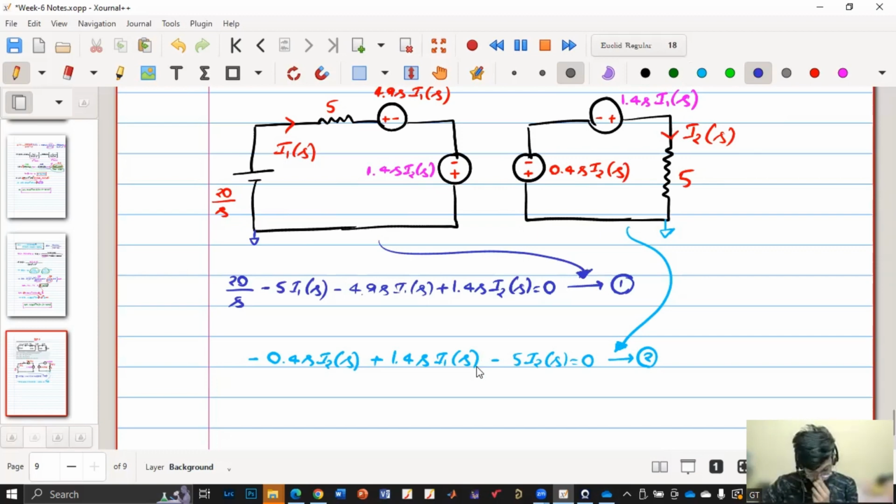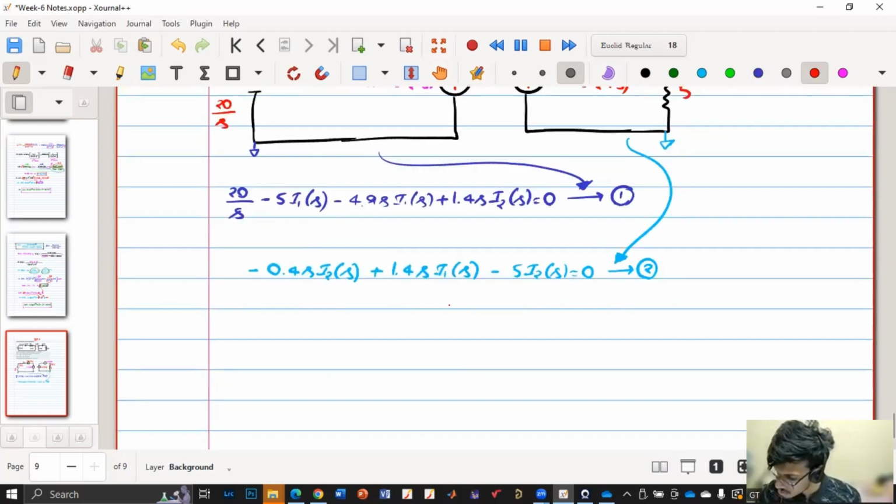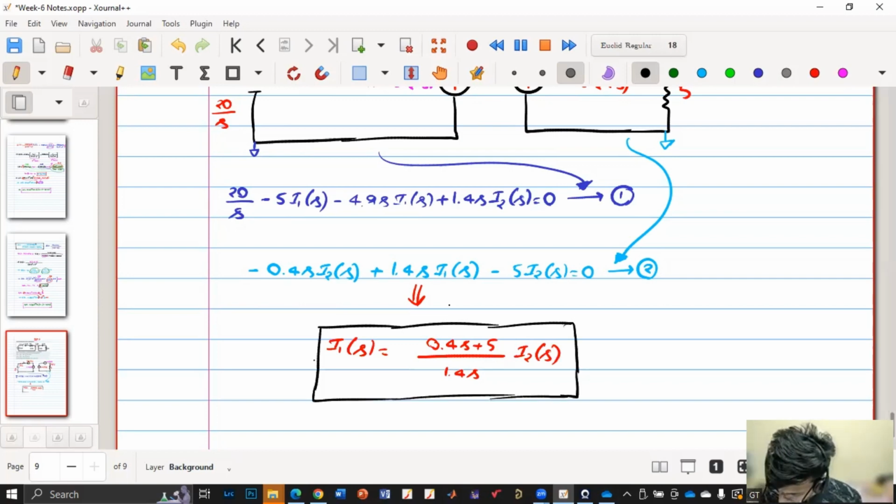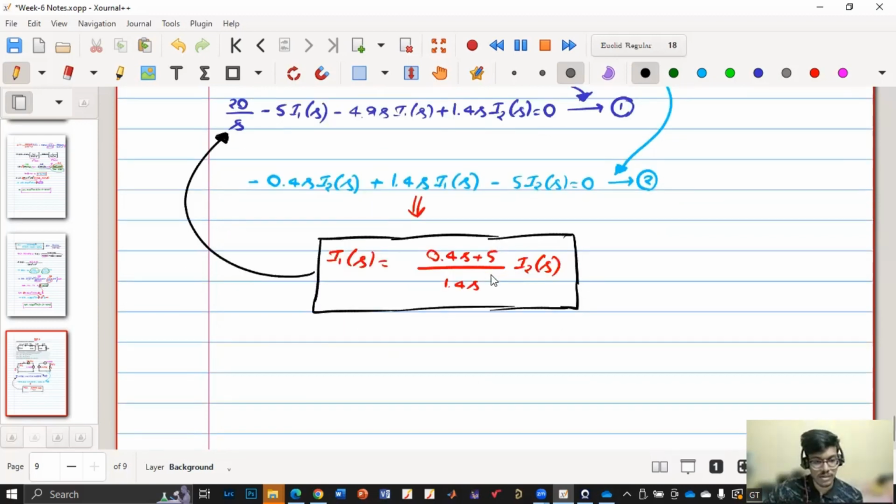First, from this equation I can get I1 of S as 0.4 S plus 5 by 1.4 S into I2 of S. Simple. We are just getting I1 of S in terms of I2 of S, so that it can be substituted in equation 1, and equation 1 will be just in terms of I2 of S. Until this point, is this clear?